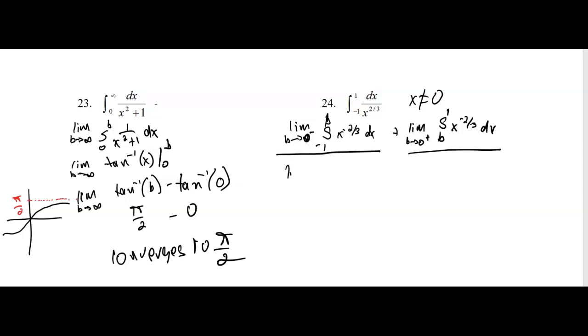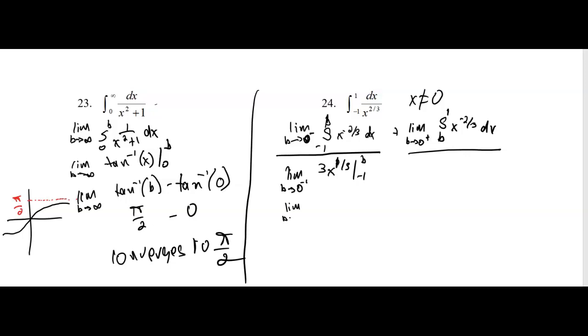So antiderivative first. So our limit, as we approach the 0, that's our problem. We would get antiderivative to be x to the 1/3 divided by 1/3, so times 3, from negative 1 to b. This is just from the left. So as b approaches 0 from the left, pull the 3 out, plug your upper limit in, so this would become the cube root of b minus the cube root of negative 1.